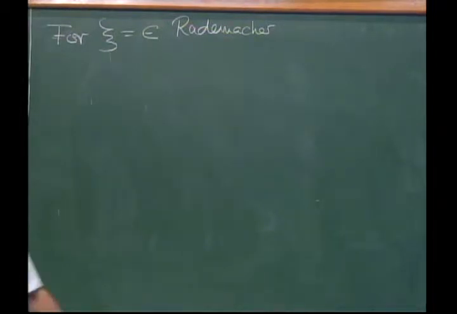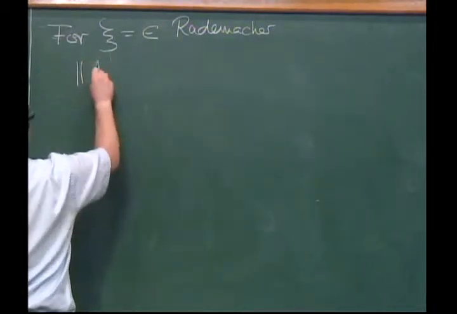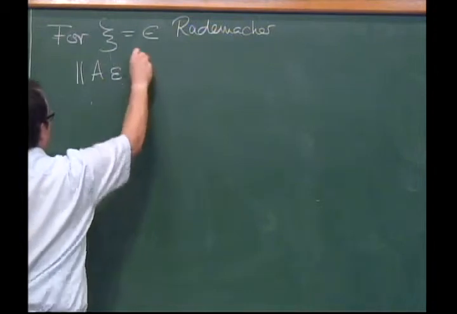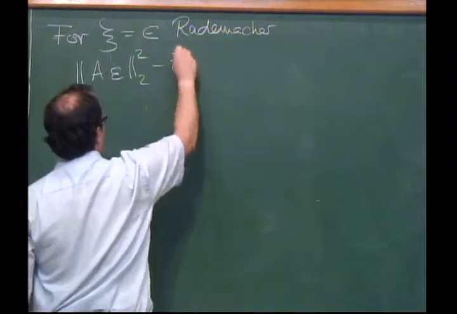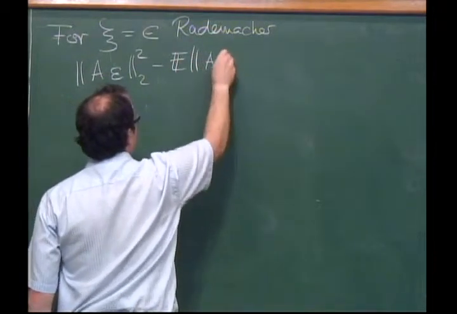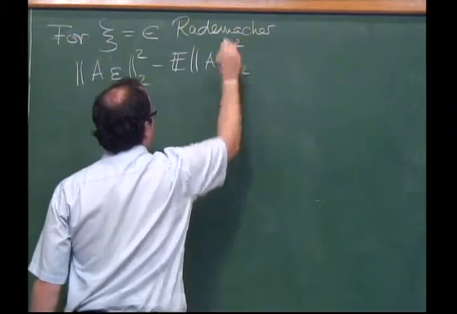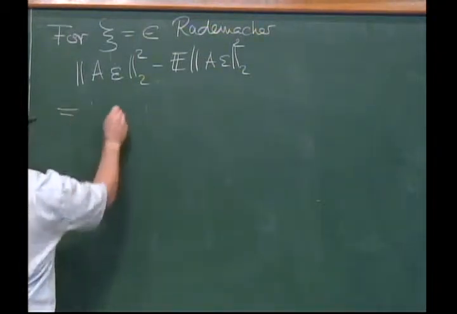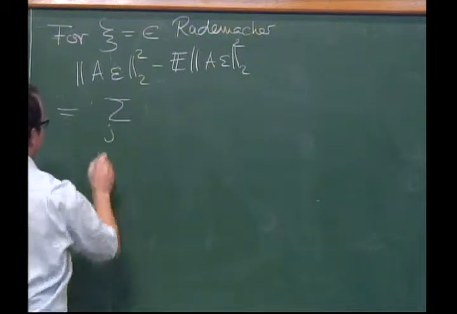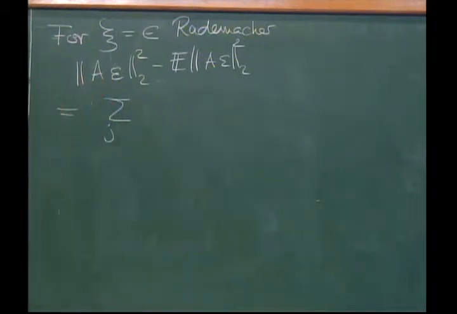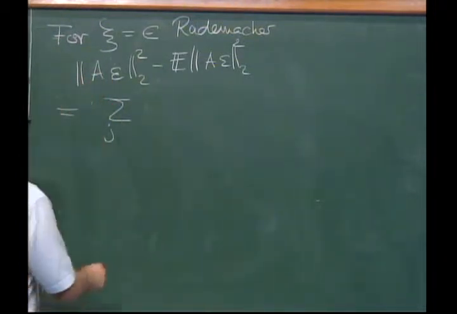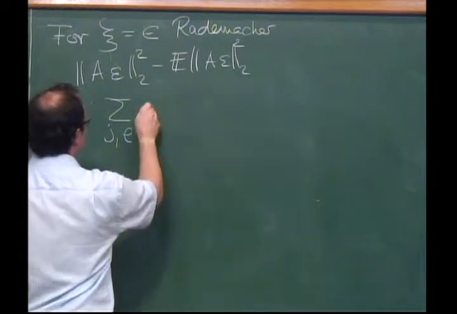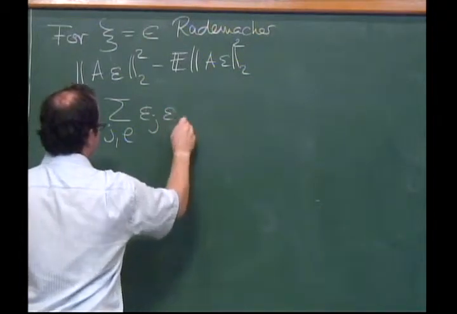If we write this out, one term will give the trace of A star A, and the other we write as an inner product of A epsilon with A epsilon.